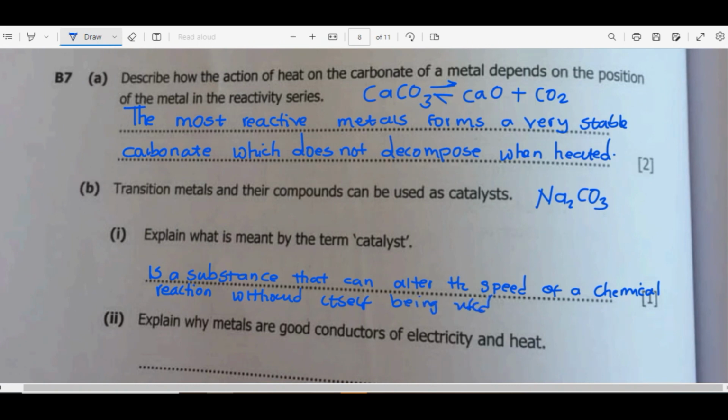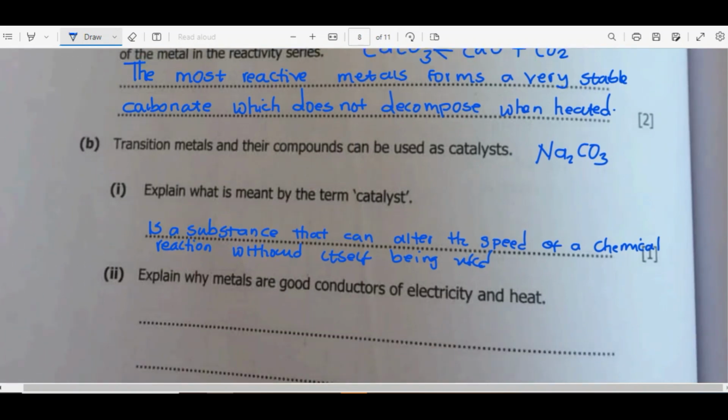This is one of the definitions. You can also write the definition that you know.